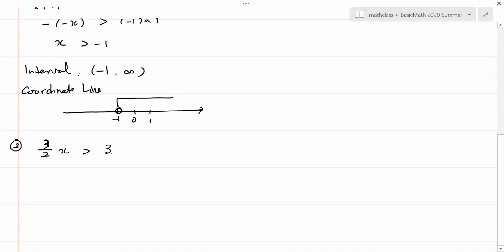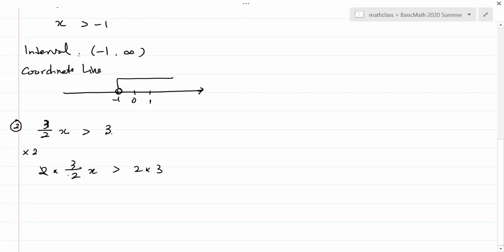We have to simplify this inequality step by step. First of all, let's multiply by 2. You get 2 times 3/2 x greater than 2 times 3. You don't need to change the direction of the inequality because 2 is a positive number. Then the 2 cancels out, and you get 3x greater than 2 times 3.